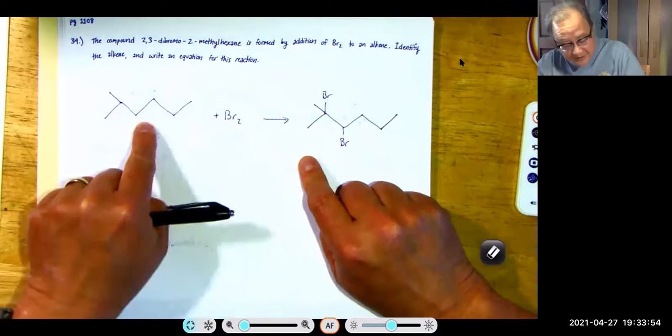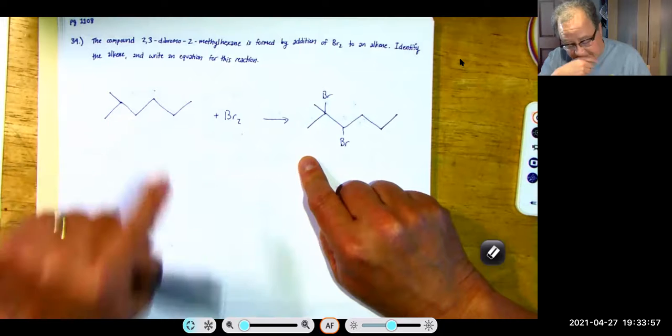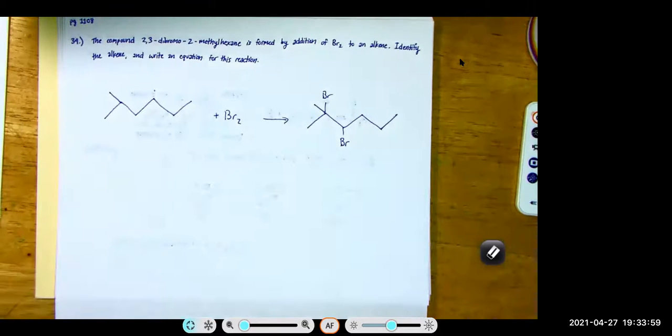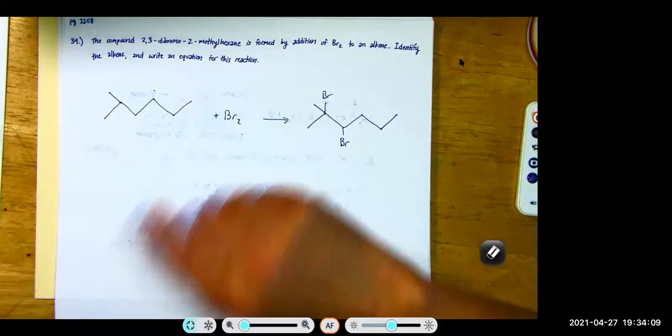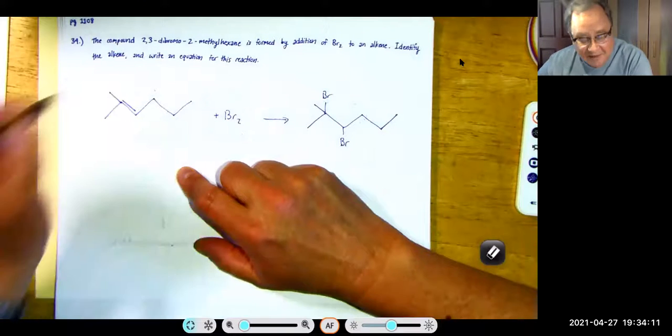Well, the answer is this has to have the bromines missing. Where are we going to put the alkene? From 2 to 3? Yeah. Exactly. Boom. And there it is.